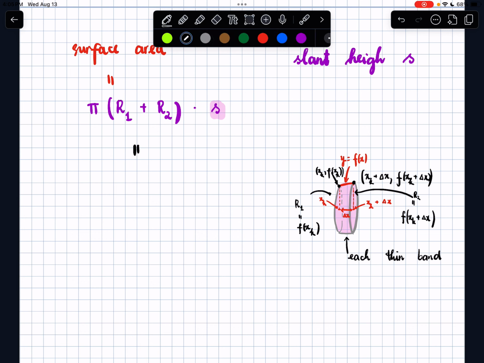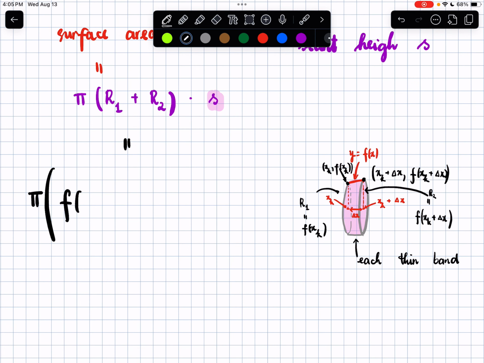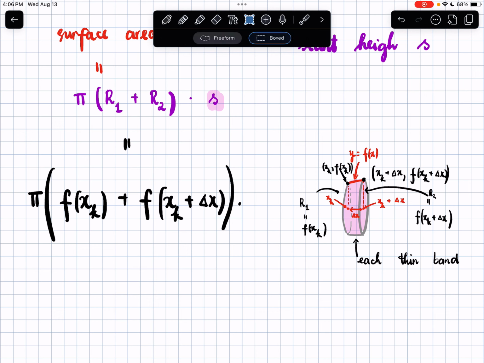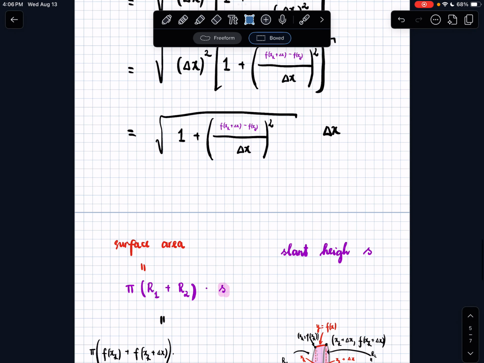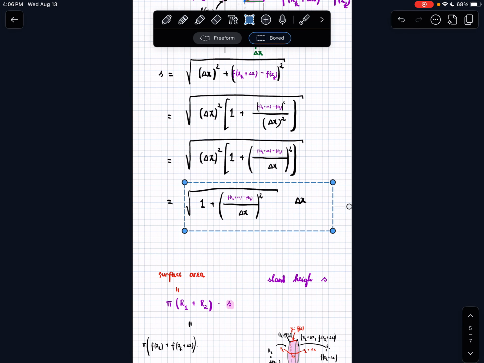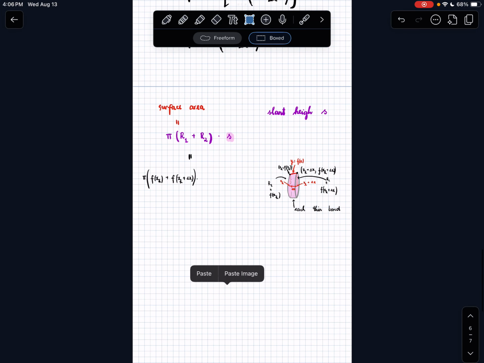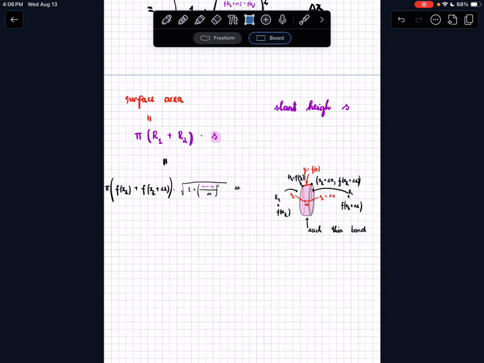So let's put it together: pi times R1, f of xk, plus R2, f of xk plus delta x, times the slant height. Here is our slant height. So this is the surface area of one thin band.